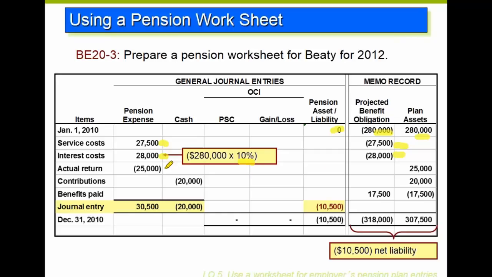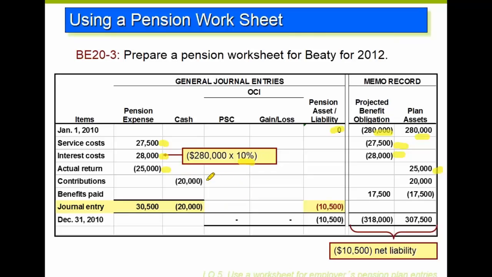The actual return, the amount of money that the pension plan actually made on the assets that they held, was $25,000. So that $25,000 actually decreases the pension expense, but increases the plan assets. So you notice there's an increase in plan assets over here.